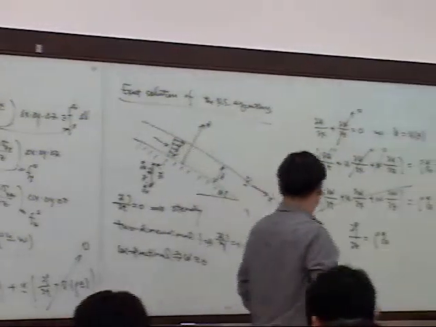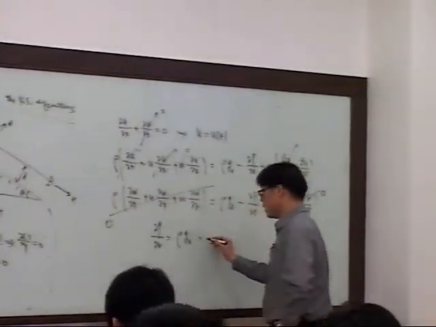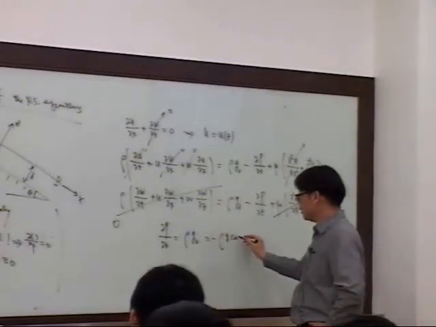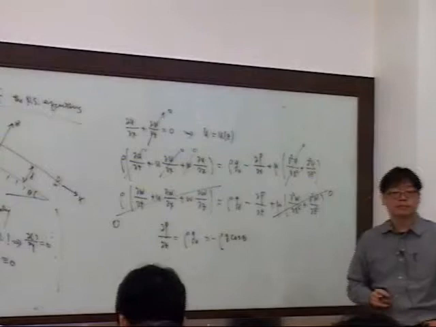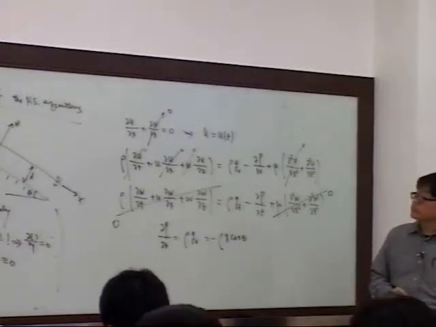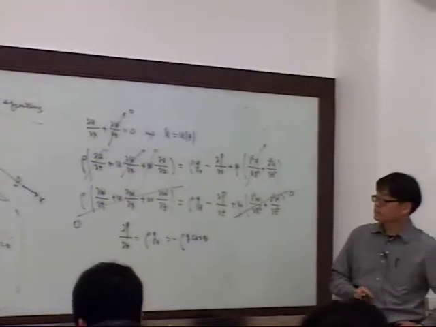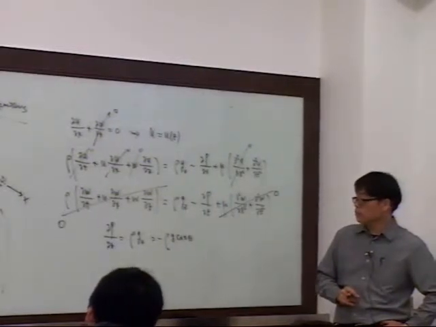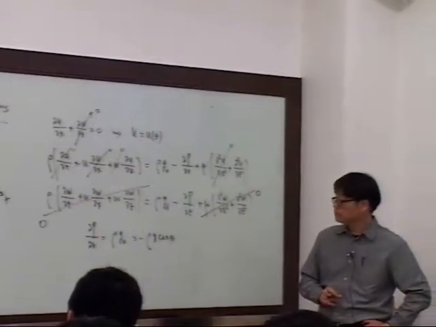So Gz component is minus rho G cosine theta. And x component is G sine theta.